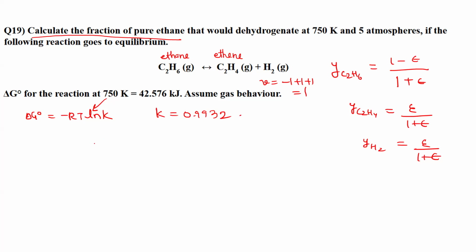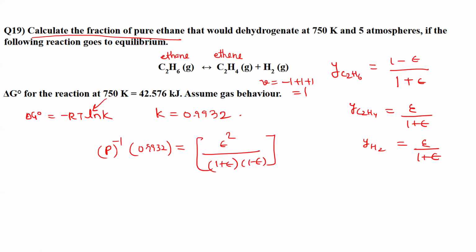And you have this equation P to the power minus nu, that is minus 1, into K, that is 0.9932, equals epsilon squared by 1 plus epsilon into 1 minus epsilon.